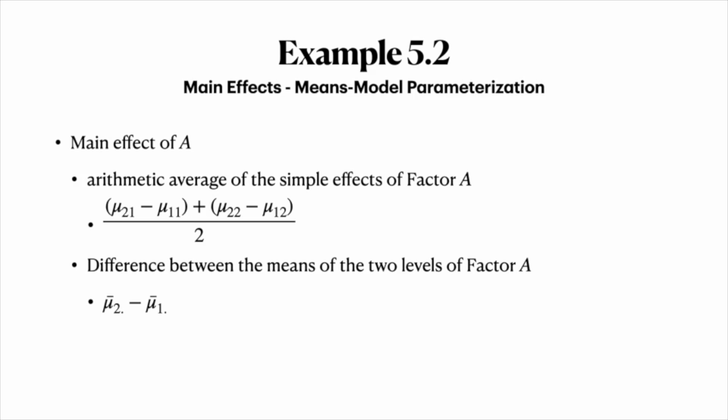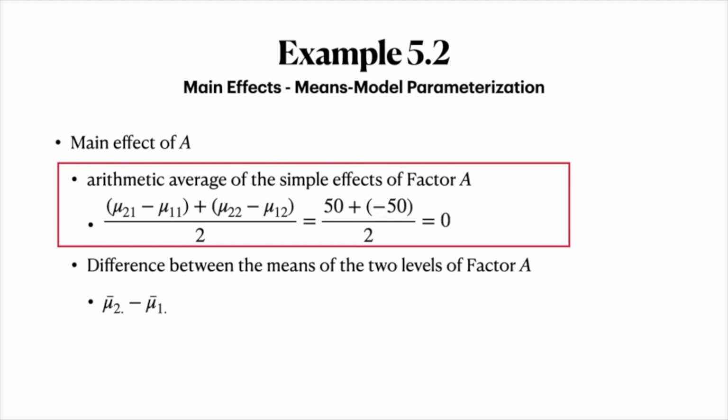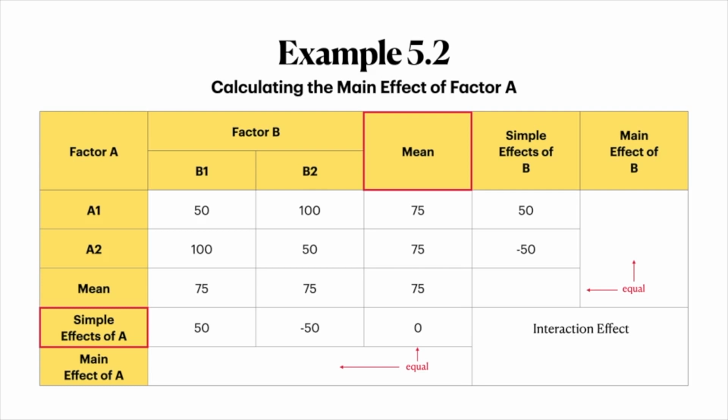So again, mu21 minus mu11 is the simple effect of factor A at the first level of B. Mu22 minus mu12 is the simple effect of factor A at the second level of factor B. And so we average those two values, and that will give us the main effect of A. Now, the two simple effects of factor A were 50 and negative 50, and so when we average those, we get 0.